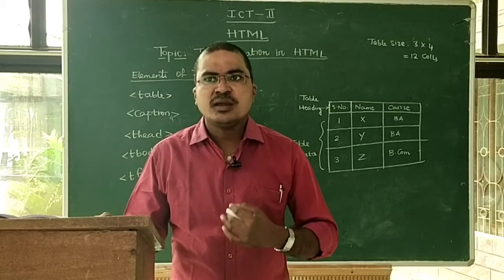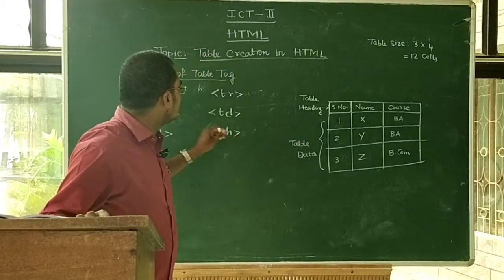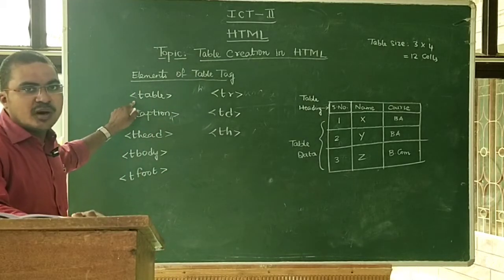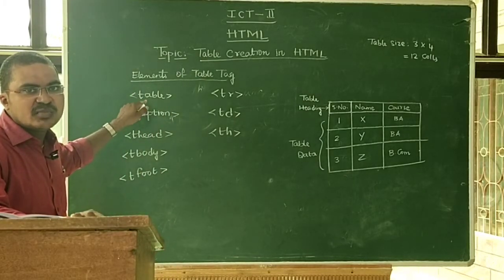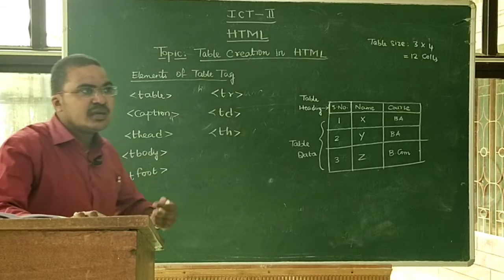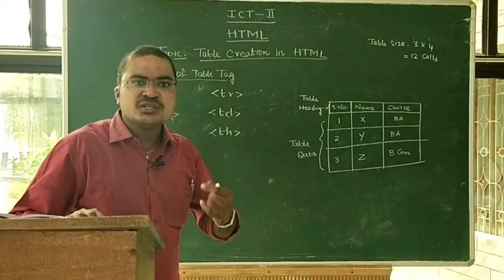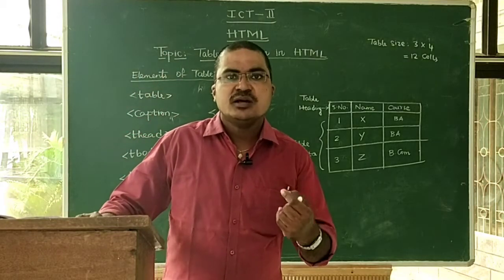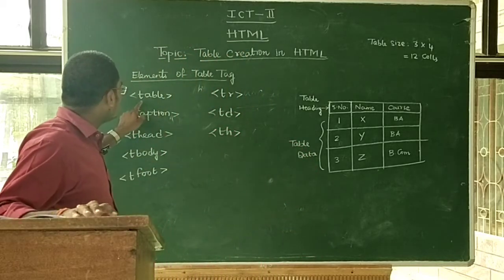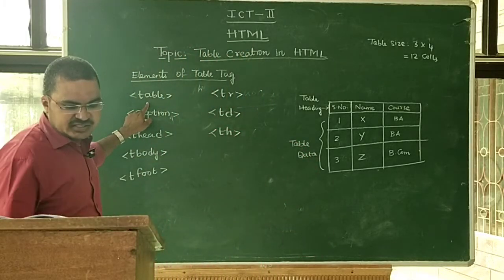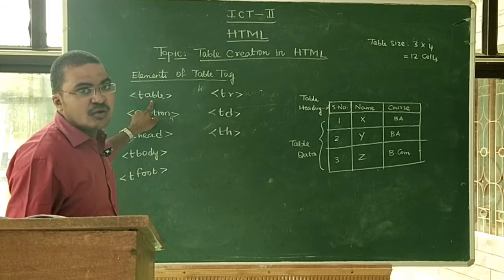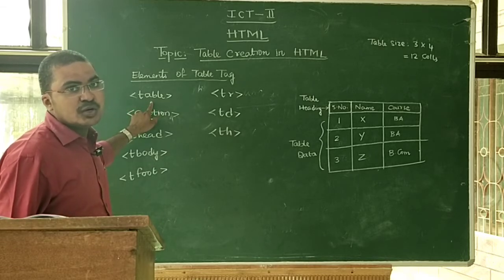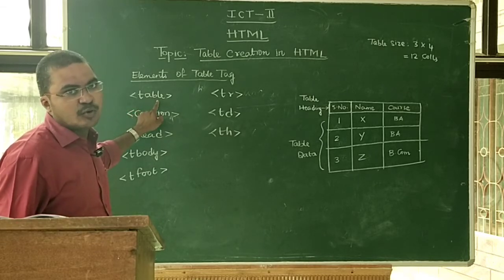So to make a table, firstly we use the tag called table. Once this tag is used in HTML, the user can start to create a table. That's why this is the most important tag.